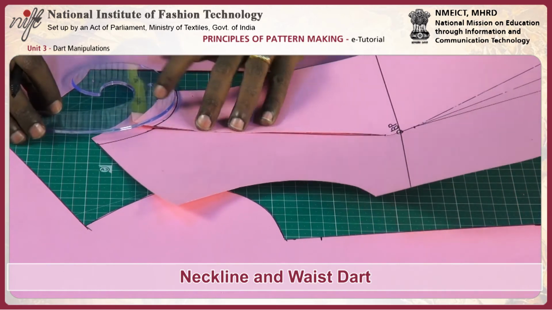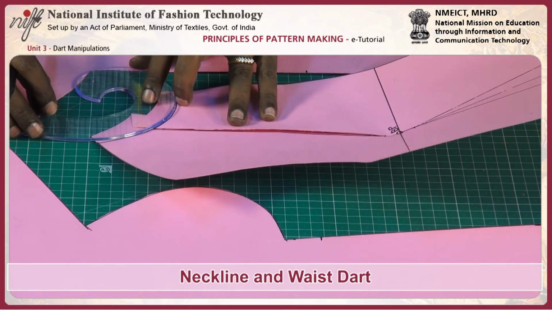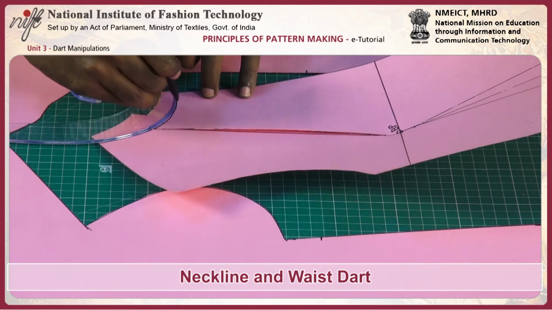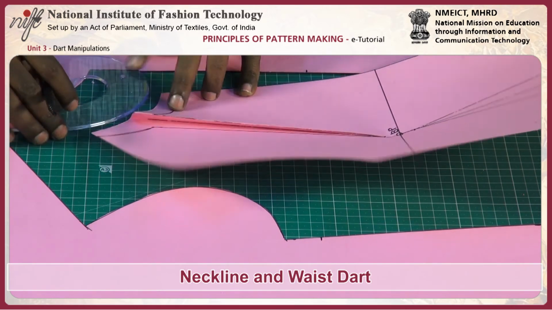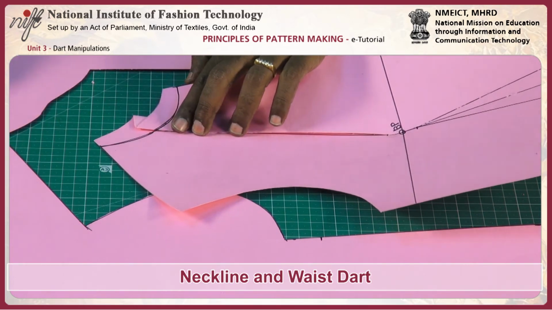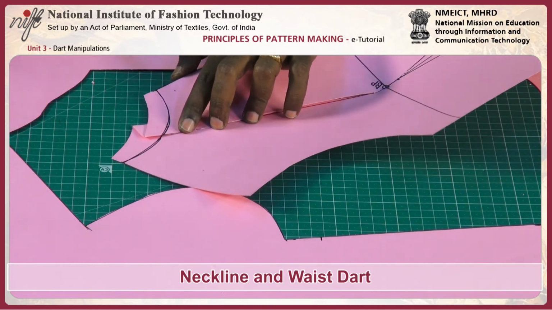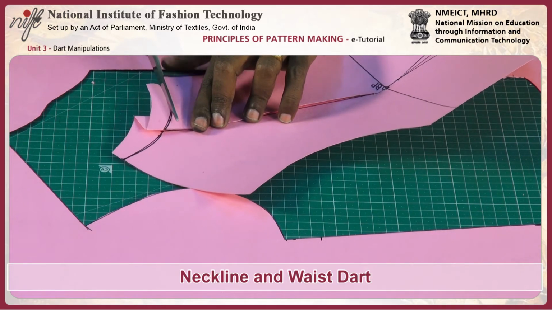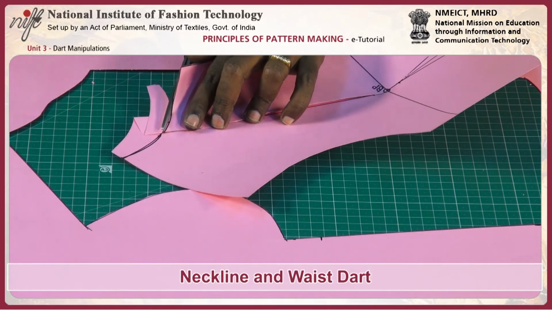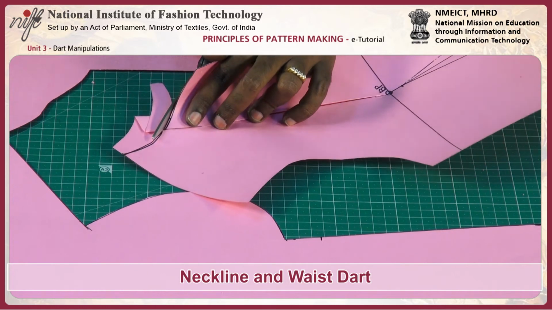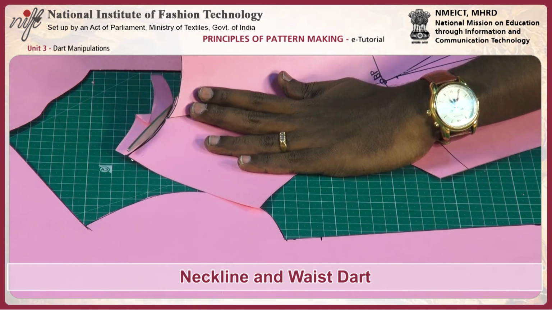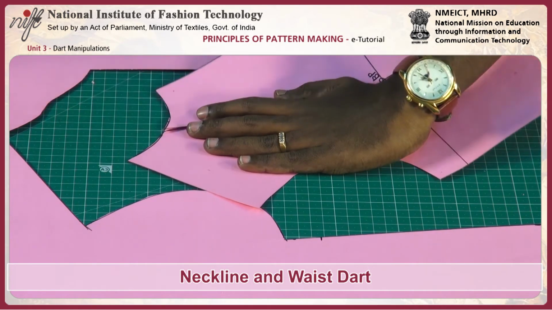Use the French curve for truing the neck shape, make it a smooth shape. Then close the dart. And cut.